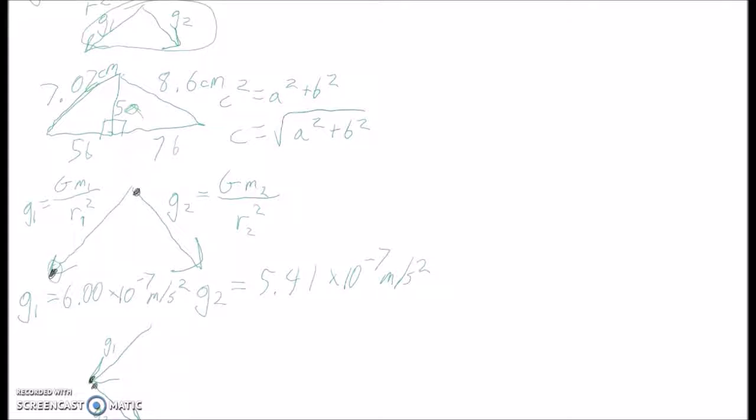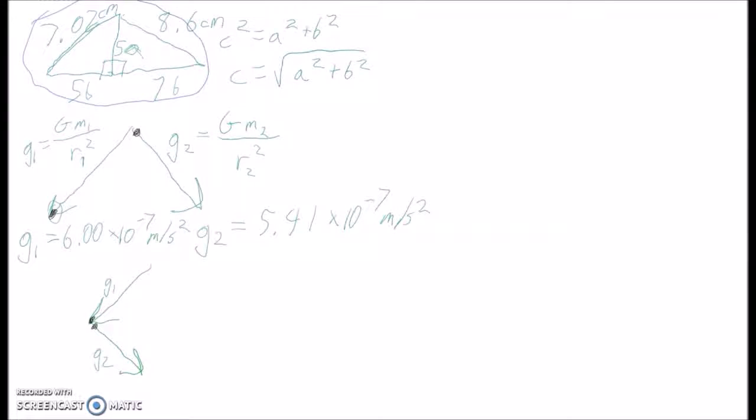So this part right here, the triangle should be the same shape. So if we use tangent or something, we can find the theta at any point. So let's find the theta here, call it theta 1. We'll find the theta here and call it theta 2.